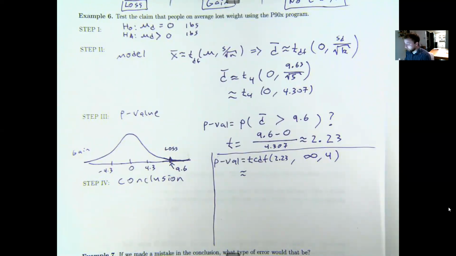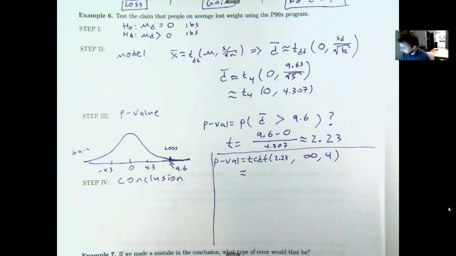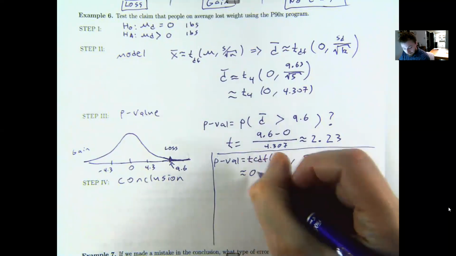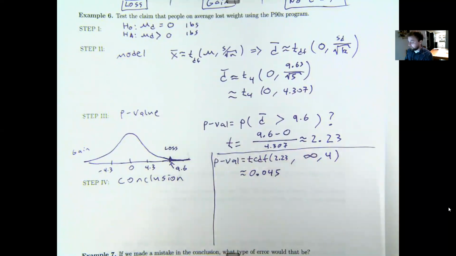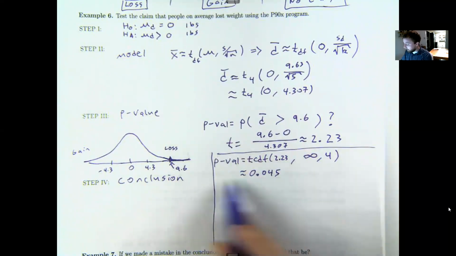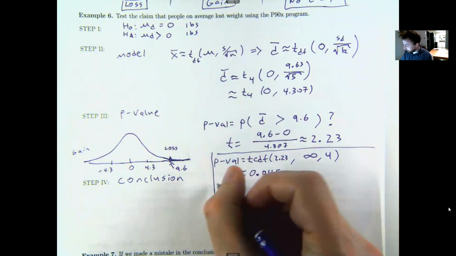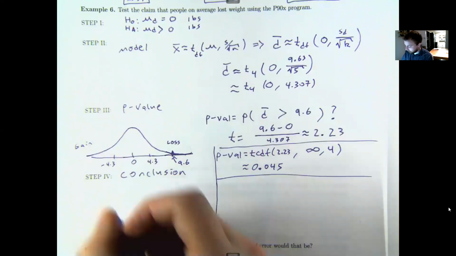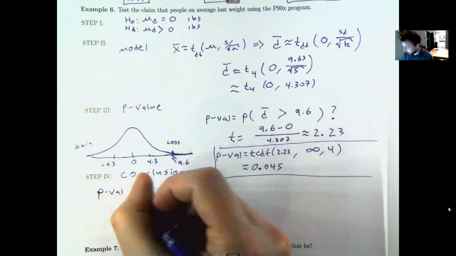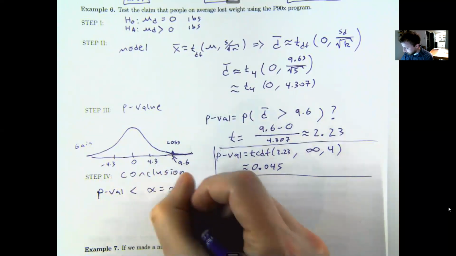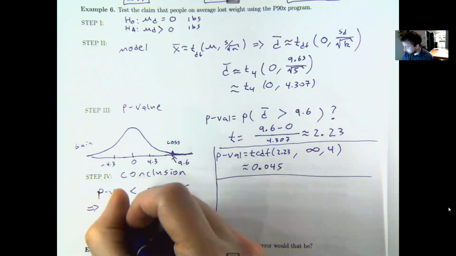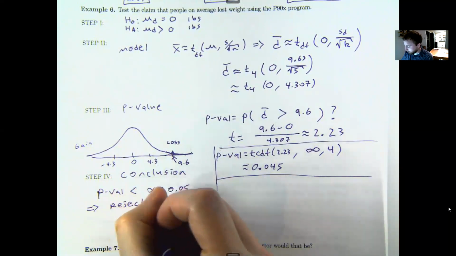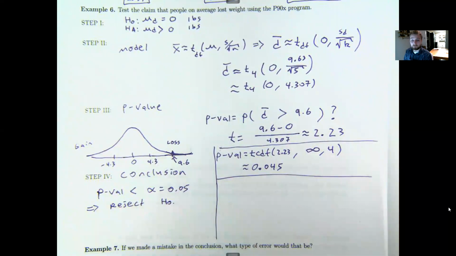If you're joining after pausing that video, let's see what we get. When I type this into my calculator, I got 0.045 or so. This is a small p-value compared to something like 5%. So for the conclusion, my p-value is less than an alpha of 5%. If my p-value is low, the null must go, so I would reject the null hypothesis.